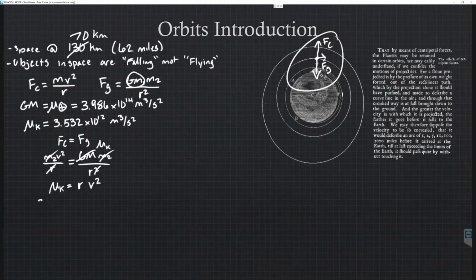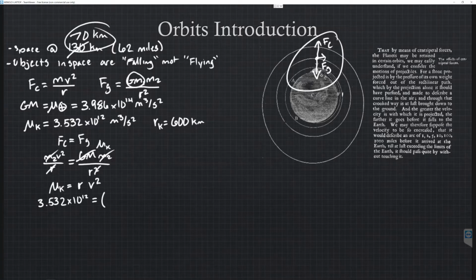And with that, we can plug in our numbers. 3.532 times 10 to the 12th power is equal to the radius of our orbit. If you remember, we mentioned that space for Kerbin is at 70 kilometers. Well, we also have to take into account the radius of Kerbin itself, which is equal to 600 kilometers.